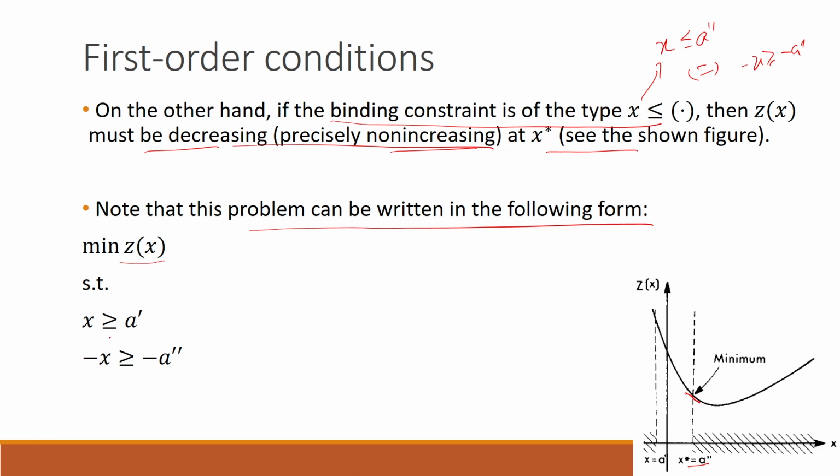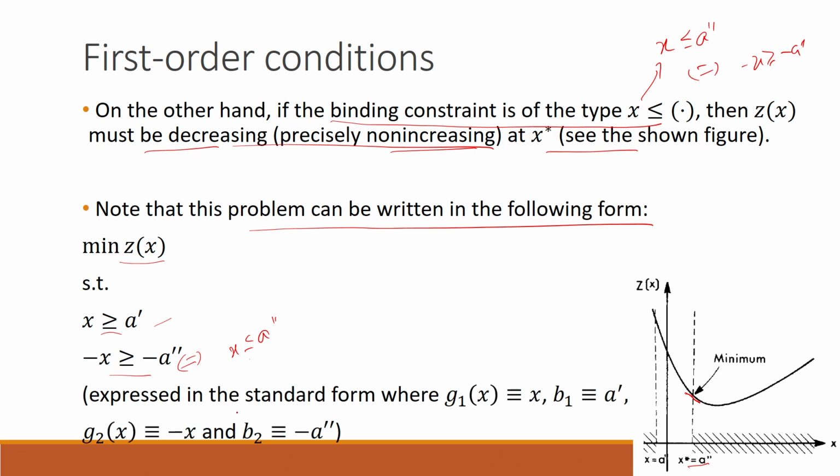We have two constraints: x greater than or equal to a dash, and the equivalent way of saying that x has to be less than or equal to a double dash. We have converted this constraint also into this form, so that both constraints are of the form a function g greater than or equal to some constant b, and we will see in the next few slides why this is useful.